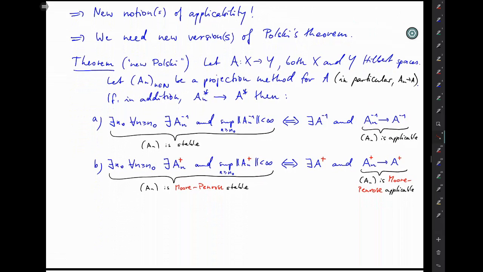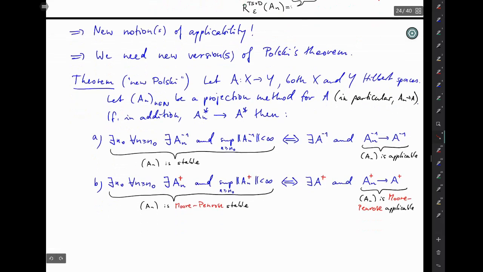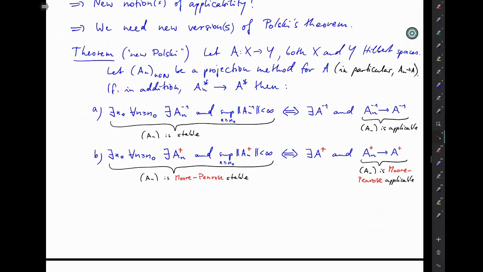Okay, it's getting even better. We also get something for this situation where we have TSVD regularization involved, and that is point C in our theorem. Now C looks a little bit different than A and B. There exists an epsilon greater than 0 such that the difference between the TSVD epsilon-regularized operator A_n and the non-regularized operator A_n goes to 0 even in the operator norm as n goes to infinity.